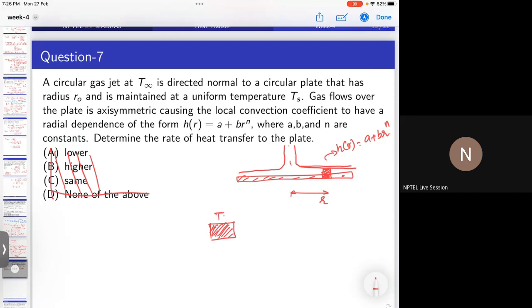So this is some Ts, and we have T infinity flowing, at a distance R, and the thickness is dr.